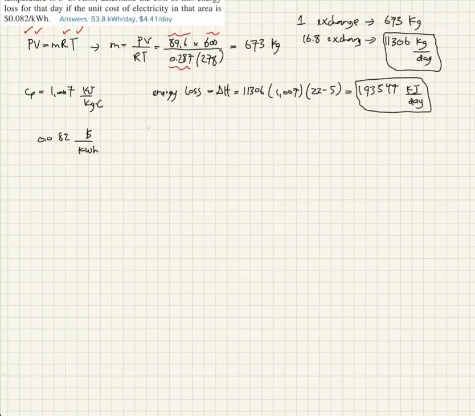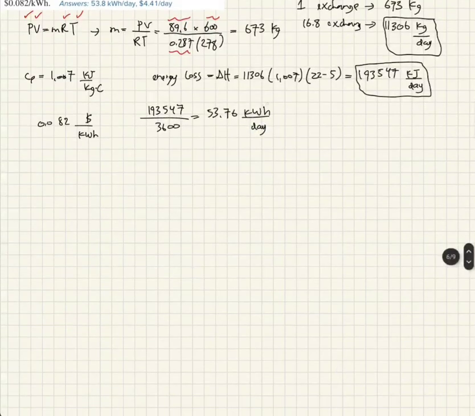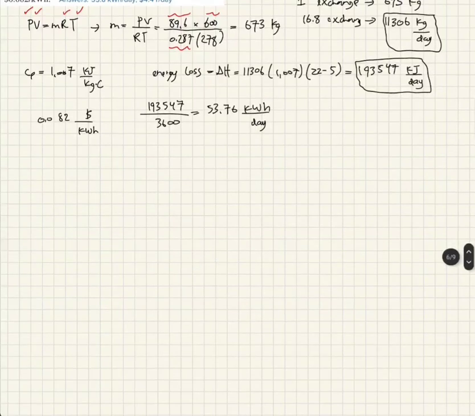So 193,547 divided by 3600 gives us 53.76 kilowatt hour per day. Now we just multiply this by the rate, and that will give us the final answer.